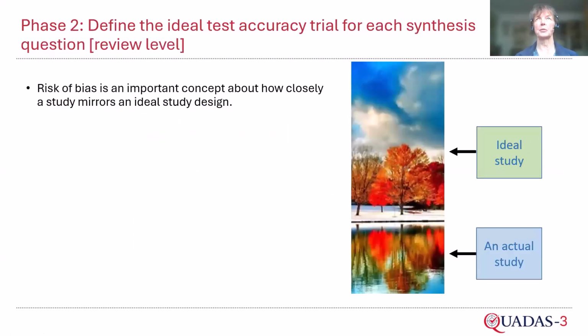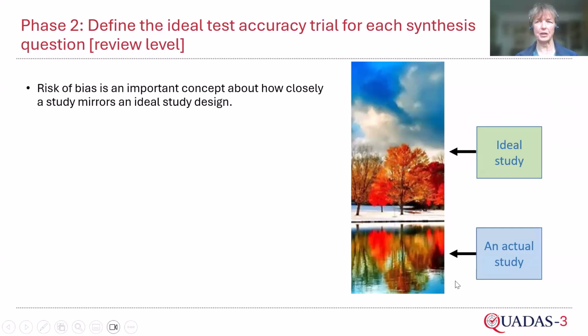Phase 2 is talking about this ideal diagnostic test accuracy trial. And I tend to think of it as where you've got this beautiful picture of a scene of fantastic trees in autumn and the sky and the snow and everything. And that's your ideal trial, the actual image itself, your perfect image. But every study we do is actually not quite like that.